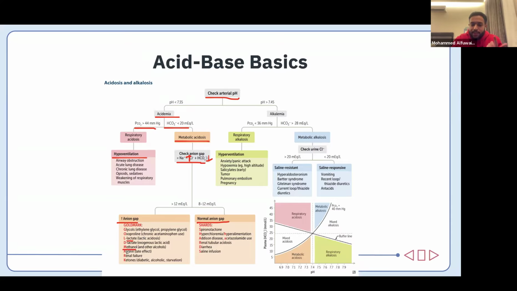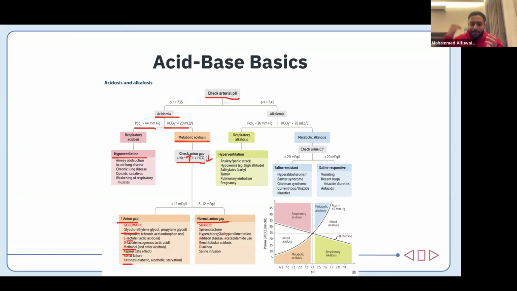Methanol is an acid. Aspirin is an acid. Ketones are acids. Glycols are acids. All of these are solutes that will cause high anion gap and acidosis. In the case of normal anion gap, are any of these acids? No. What's causing it is simply low bicarb, if you want to think about it that way.